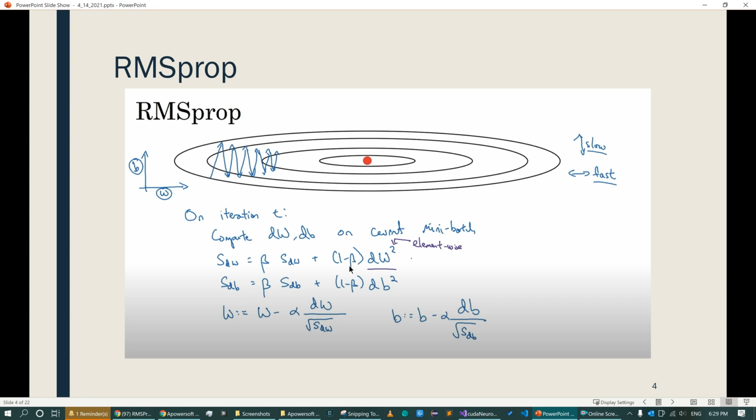After all that, when we update the weights, we use the learning rate times dW divided by the square root of the sdw. That's why we say we have root mean square: we have the root square here, and we also have a mean, which is the first term, a weighted mean over the past iterations. So this is how we get rmsprop.